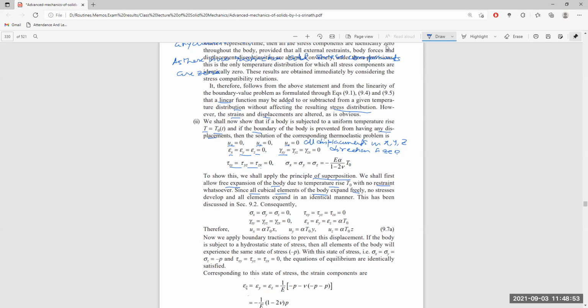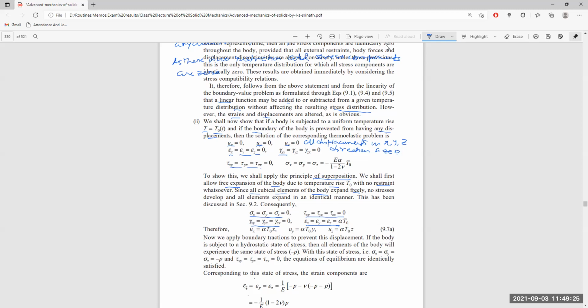Thus, again no stress is induced in longitudinal direction, no shear stress is induced, no deflection in shear or torsional direction, and no stress in longitudinal direction. But strain here is equal to only alpha into T0, the coefficient of thermal expansion multiplied by the temperature rise in course of time.